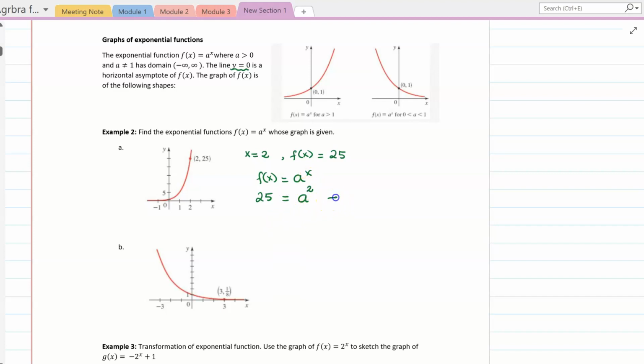So here you can guess that a is equal to 5, right? How do you determine whether a is equal to 5 or negative 5 in this case? Remember, take a look at the shape of the graph.